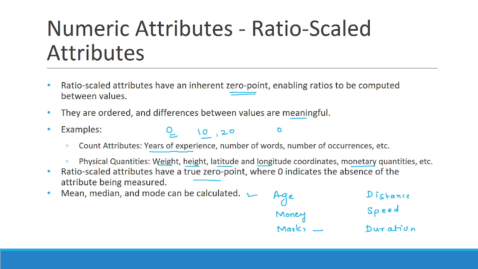Understood? Intrinsic is just a word, there is no technical meaning for it. Intrinsic ordering means some fixed ordering is there, like we have in ordinal. We don't have intrinsic ordering in nominal attributes. Got it, Harshit?